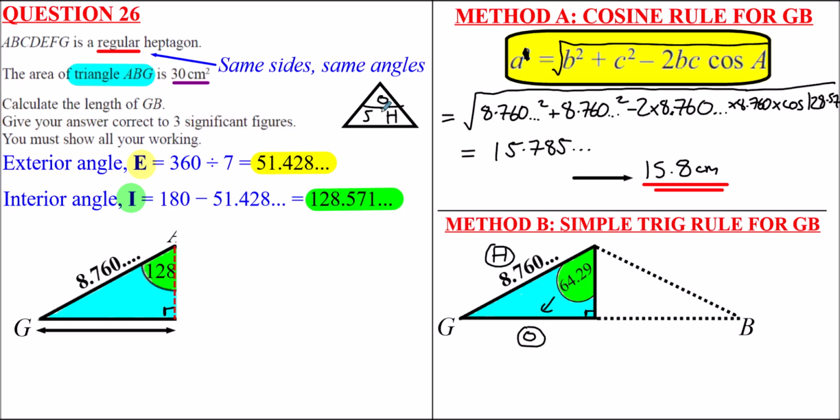So to work out the opposite side, I cover this up. The opposite side is S multiplied by H. So the opposite side is S times H. S stands for sine of the angle in question, so sine of 64.29, half of that 128, whatever it was, multiplied by 8.760, and then we'll get a value for the opposite.